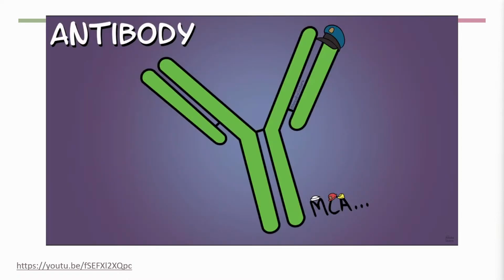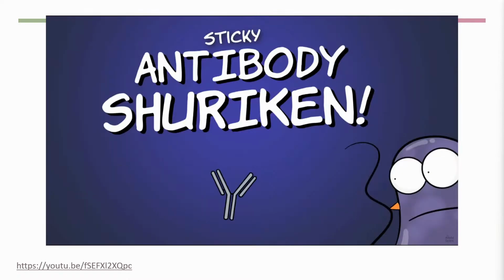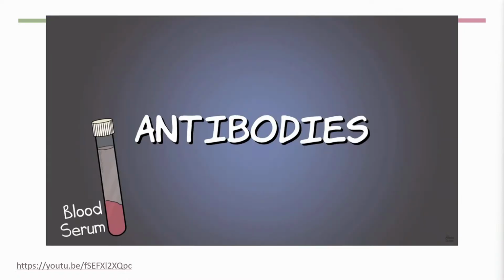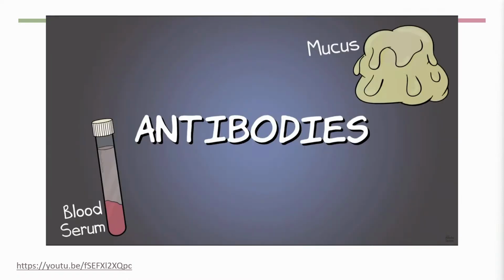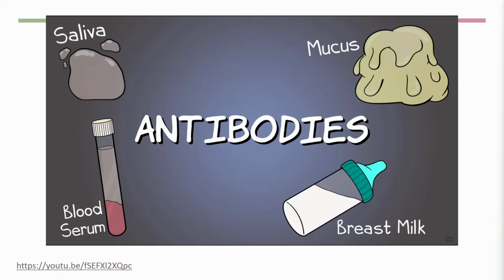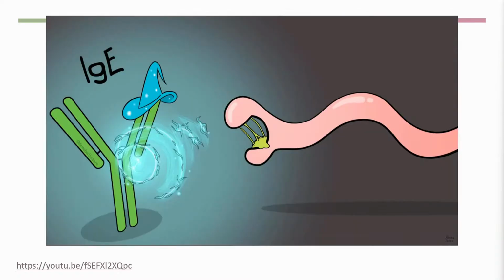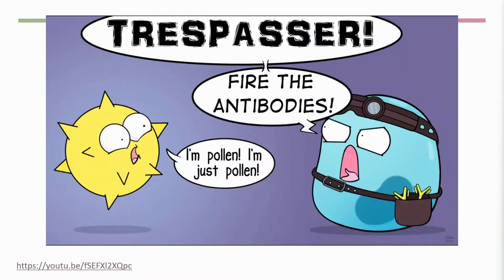Antibodies are proteins, and they tend to be in a Y shape. Antibodies have an antigen binding area where they bind a specific antigen. They will be found in blood, but many antibodies can also be found in mucus, saliva, breast milk, and more. There are different classes of antibodies. For example, IgE can protect against parasitic worms, and it's responsible for a lot of allergic reactions.